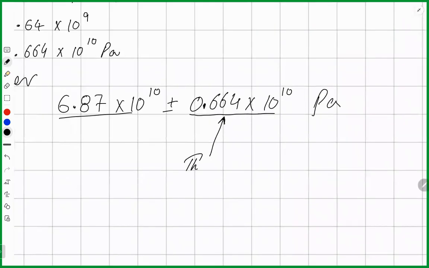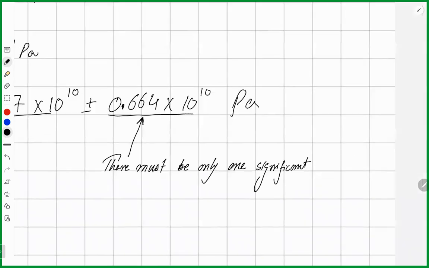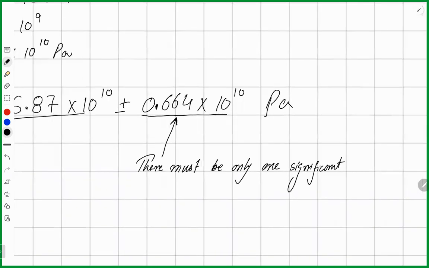There must be only one significant figure in absolute uncertainty.